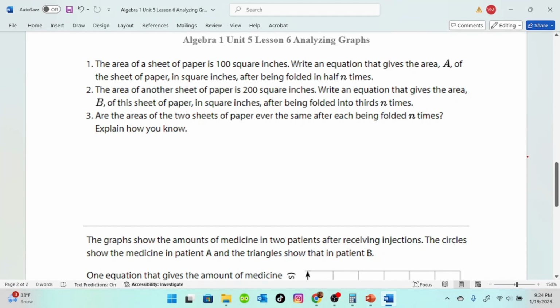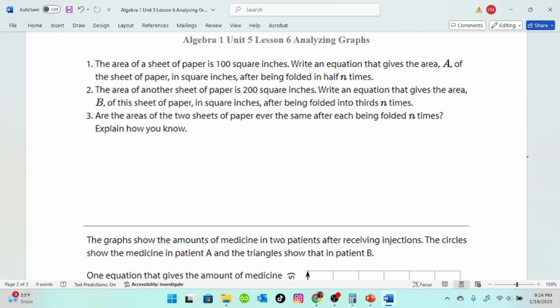Our next practice problem says the area of a sheet of paper is 100 square inches. Write an equation that gives the area A of the sheet of paper in square inches after being folded in half n times. So, for number 1, the first thing I need is the name of the function.